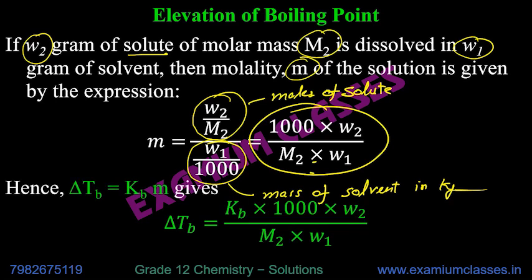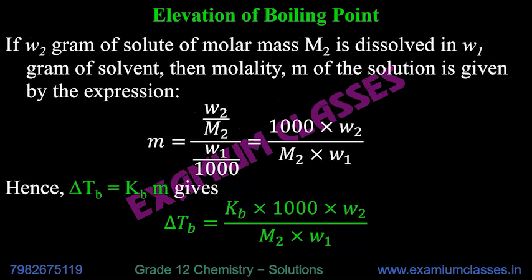Substitute this value here and you will get delta TB equals KB into m. This is m, small m you have calculated. This formula you will be using in calculations. So when a question appears, this is the formula. If parameters are given, say mass of solute, mass of solvent, everything, any one will be asked.